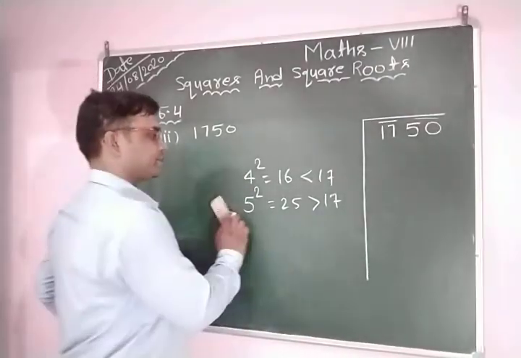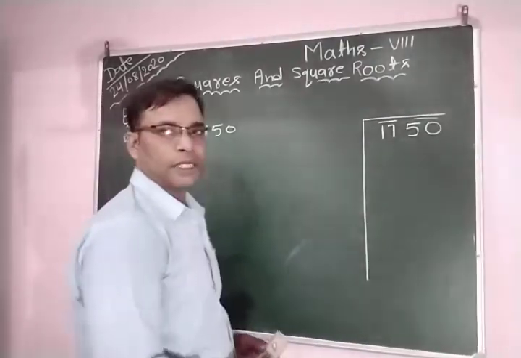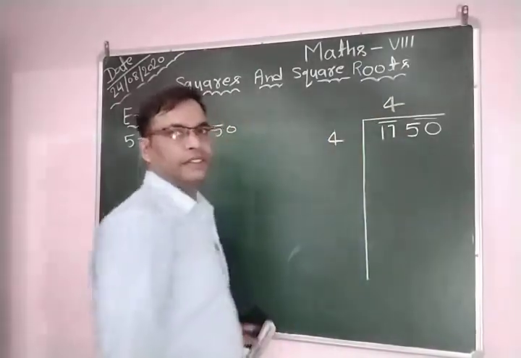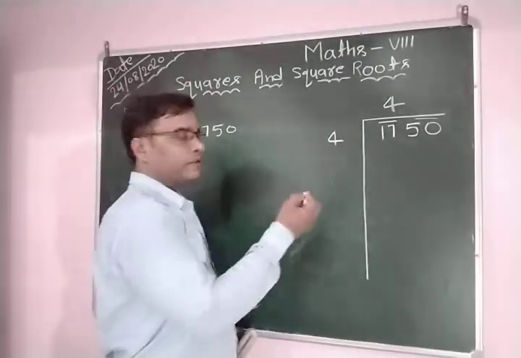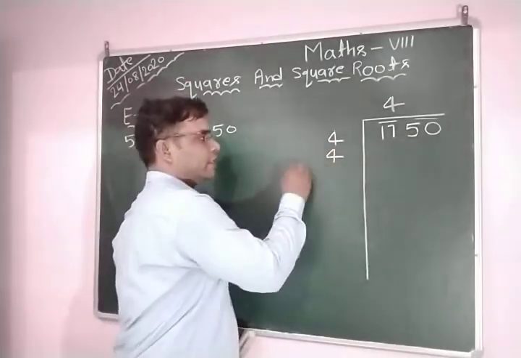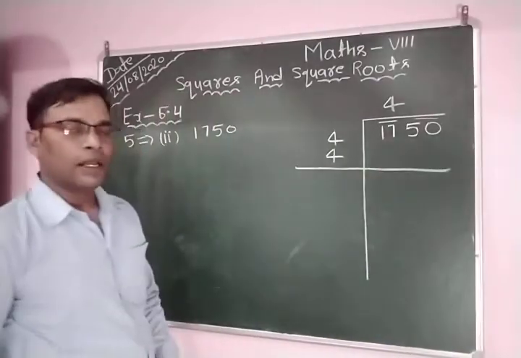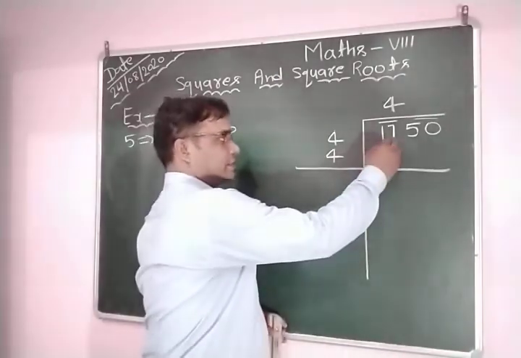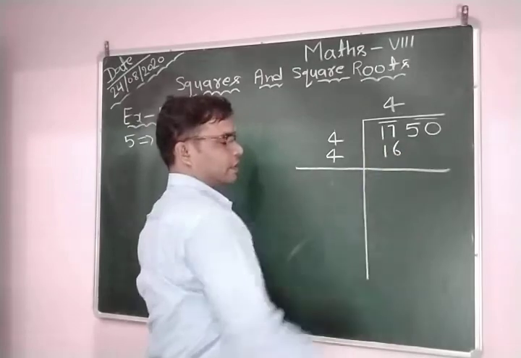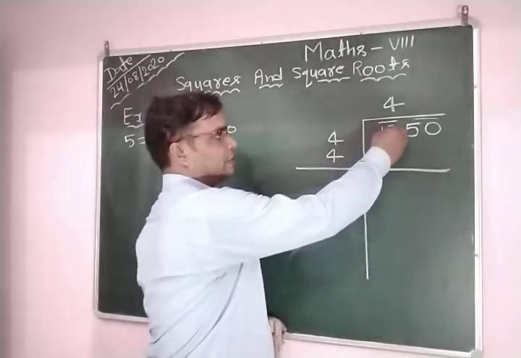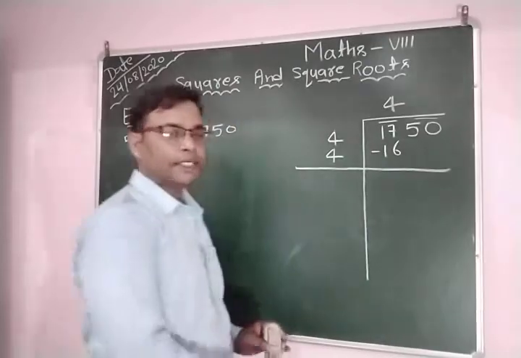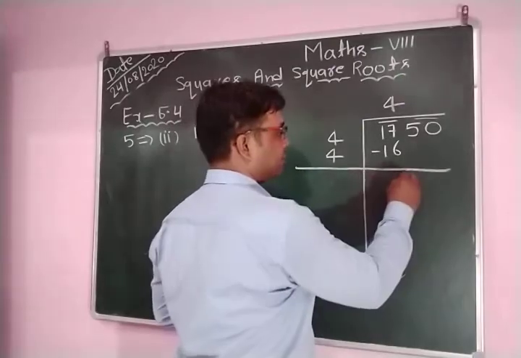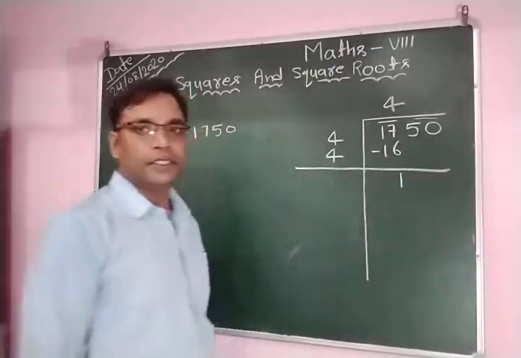Okay. And write 4 on the place of quotient as well as on the place of divisor. Okay. And multiply this 4 into 4, this is equal to 16, and write the value under the extreme left number. This is 17, and we subtract it. 17 minus 16, this is equal to 1.